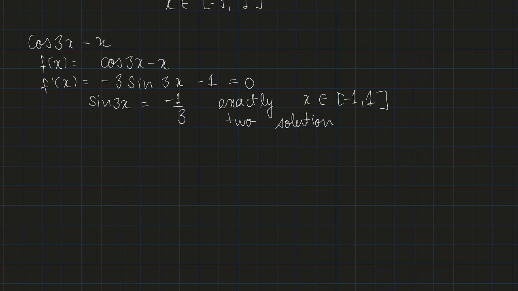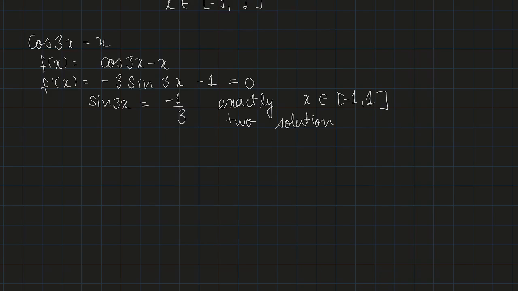I will not repeat why sine 3x equals -1/3 has exactly 2 solutions. That's more a part of trigonometry than the number of solutions, which is what we are focusing on here.